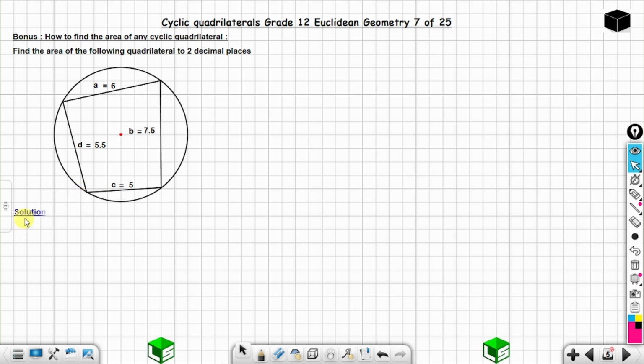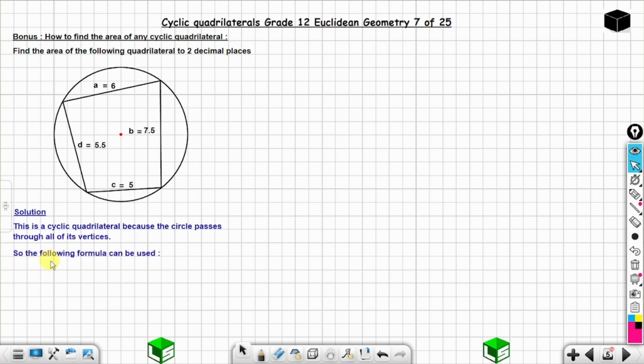Now, solution, we are going to find the area of this quadrilateral. This is a cyclic quadrilateral because this circle passes through all of its vertices. You can see the circle passes through all of its vertices.